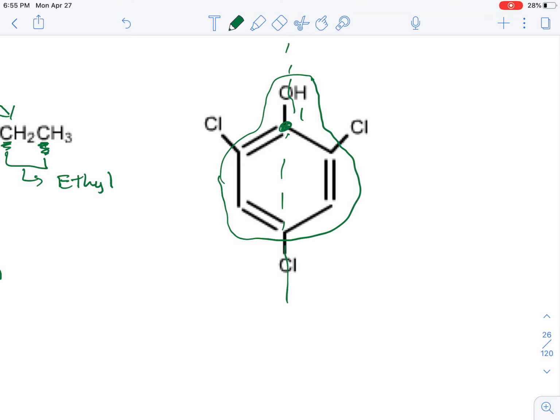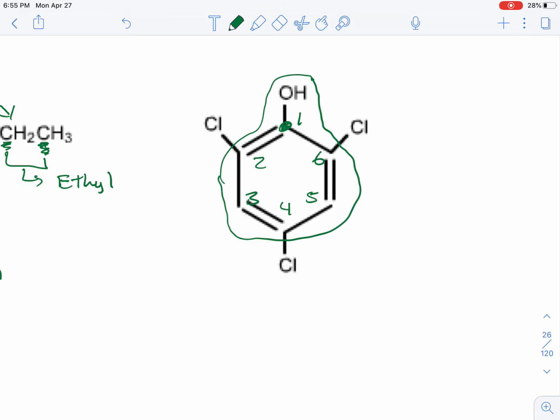If you fall upon that situation, then your numbering system is going to be the same if your substituents are symmetrical with respect to each other. So in this case, it doesn't matter if you go clockwise or counterclockwise. I'll do it counterclockwise: 1, 2, 3, 4, 5, 6. If you do it clockwise, you'll find the same numbering system applies.